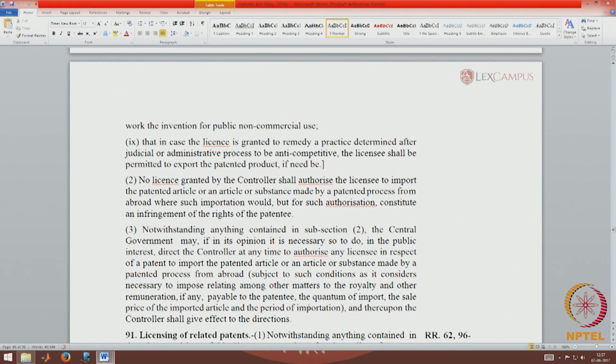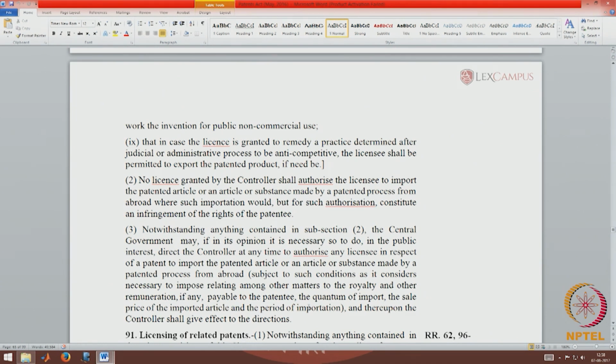2. No license granted by the controller shall authorize the licensee to import the patented article or an article or substance made by the patented process from abroad where such importation would, but for such authorization, constitute infringement of rights of a patentee. Now, the idea of the compulsory license is local working is always tied to the grant of a compulsory license. So, even if a compulsory license is granted for reasonable requirements of the public not being met or the invention not being available at an affordable price, still importation is not an option for the licensee.